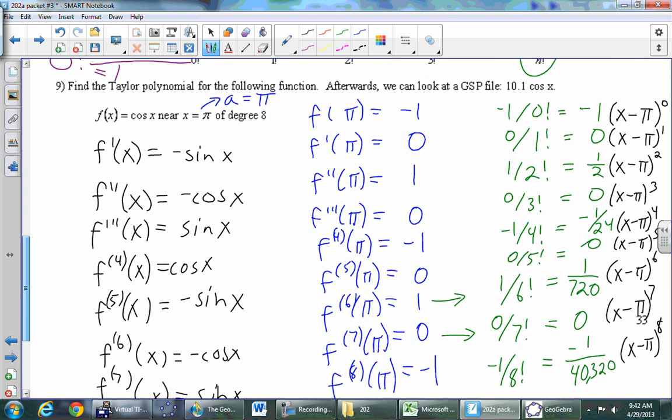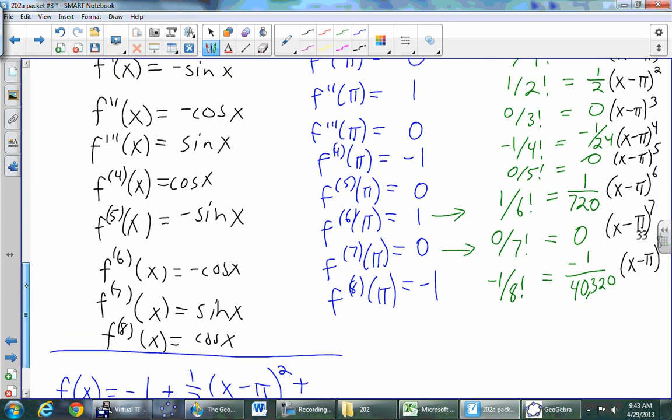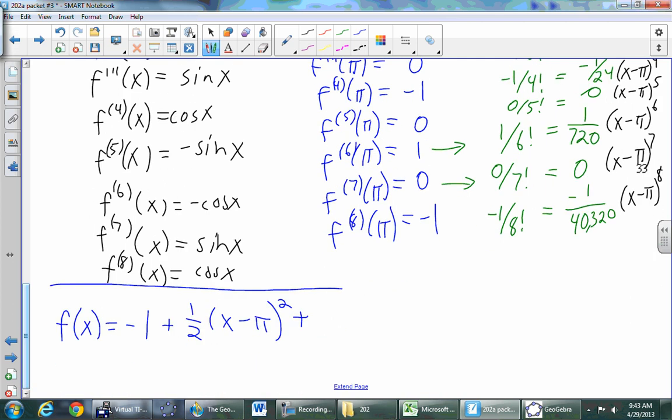Yeah, so then there's a 0, which we don't even need to write, but then the next one is a 1/2 x minus pi squared. Plus, the cubic term is 0. Then the fourth one is -1 over 24. So let's make that -1 over 24, x minus pi to the fourth, plus.